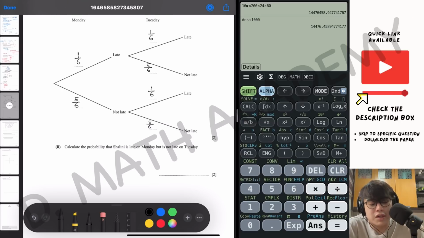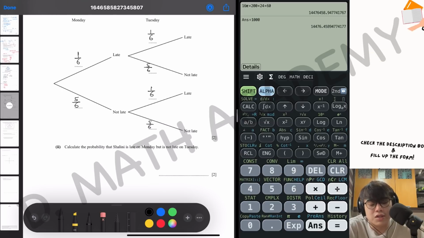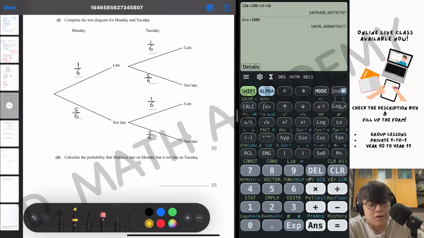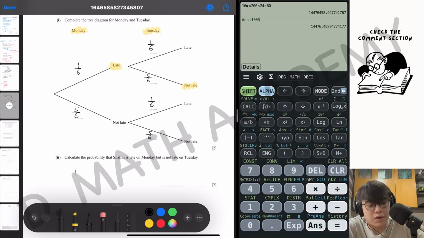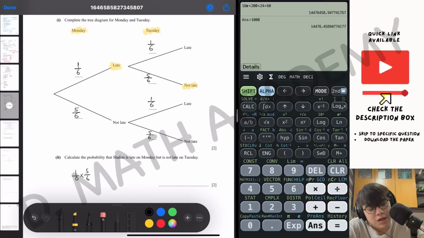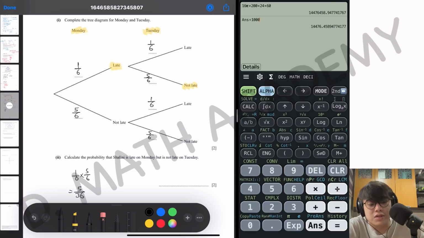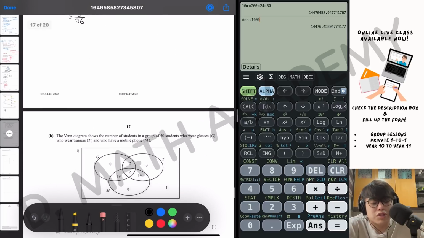Find the probability that Shalini is late on Monday, but not late on Tuesday. So late on Monday, not late on Tuesday. So the probability goes by 1 over 6 times 5 over 6. It should be 5 over 36 as your final answer. Okay, very short question indeed.